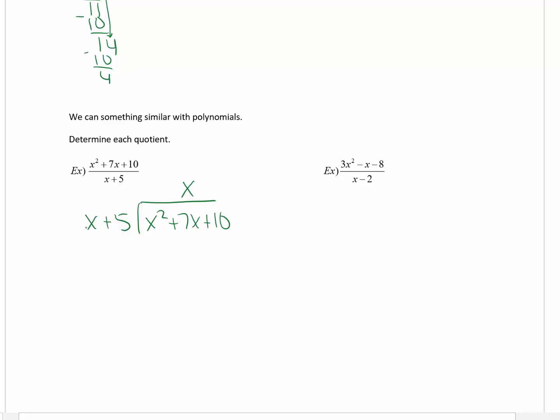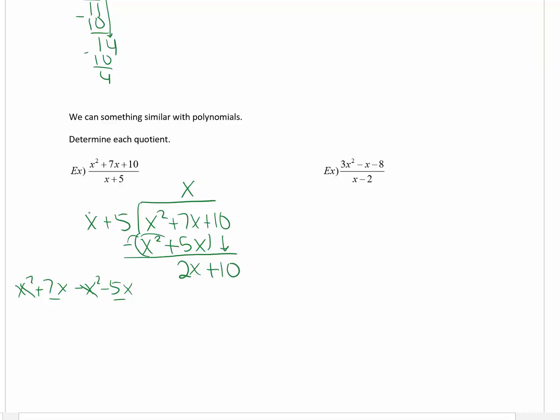So I'm going to take x times x, that's x squared, but I'm also going to take x times a positive 5, and that is a positive 5x, and subtract. So on the side, I'll put x squared plus 7x, and I'll distribute the negative. The x squared subtract out. 7x minus 5x is 2x. I'll bring down the next term, which is positive 10.